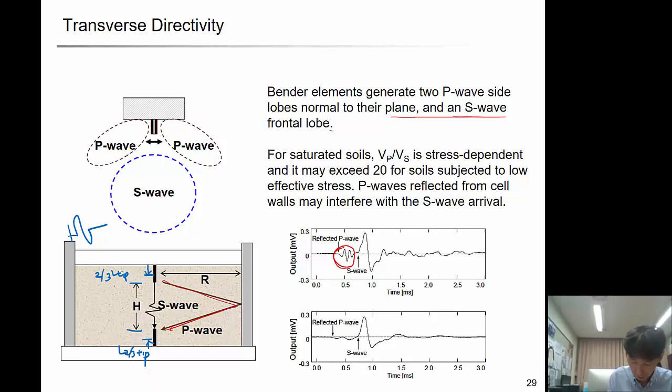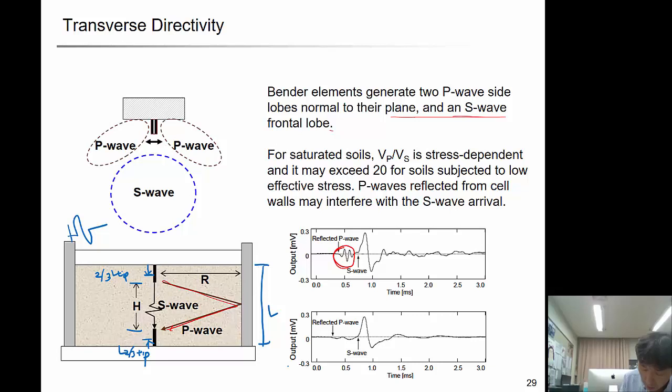So the travel distance is L minus 2 times the tip length times 2/3. But this is the old method. People don't use it anymore.